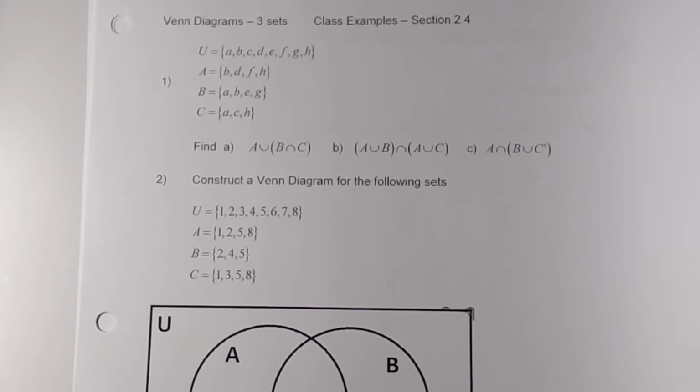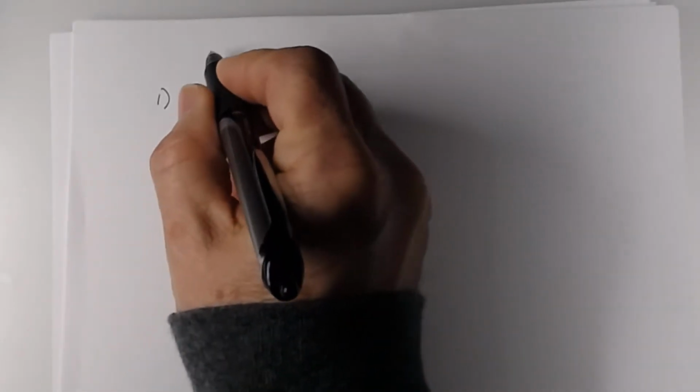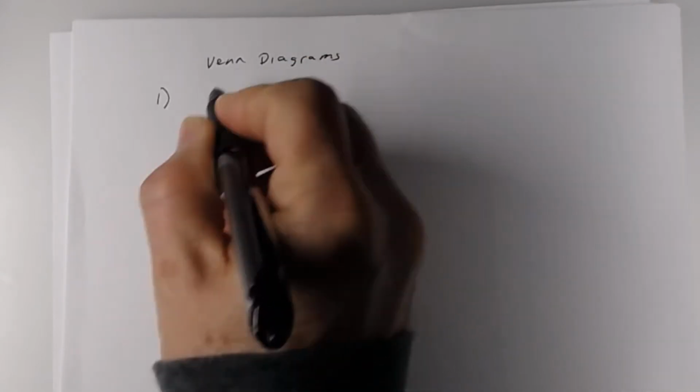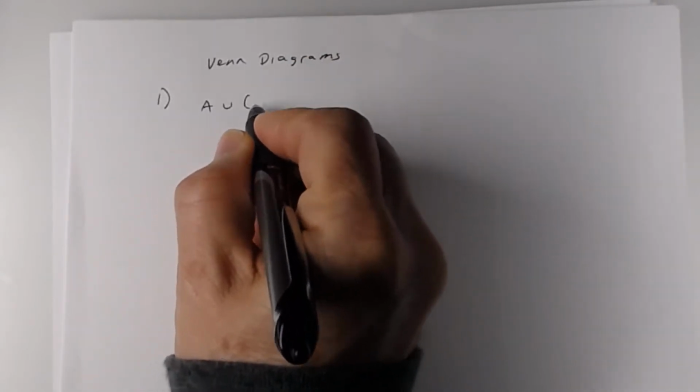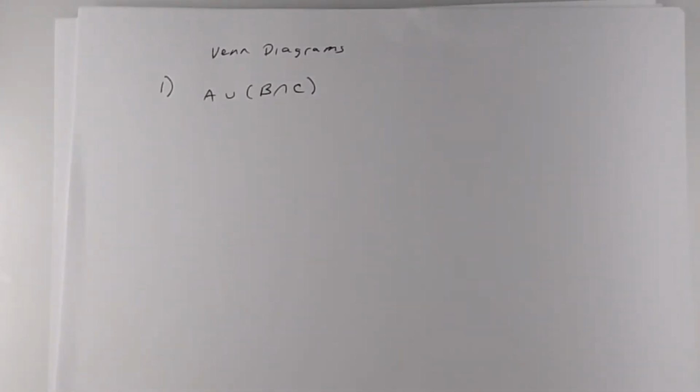Okay. So let's find the first one. Now listen carefully how we're going to do this. We had that same conversation in a previous lesson. So we have A union, and then in parentheses we have B intersects C. Now guys, we talked about how to deal with parentheses.